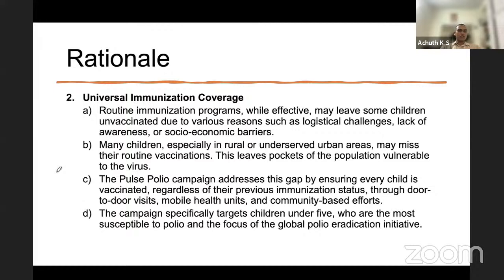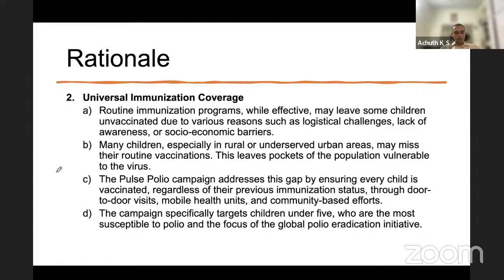The second rationale was universal immunization coverage. Routine immunization programs were effective, but some children were left unvaccinated due to logistical challenges, like being unable to reach areas that were cut off, such as high altitude areas, tribal areas and jungles, and far-off villages where there was no road connectivity and no awareness, and there were socio-economic barriers.